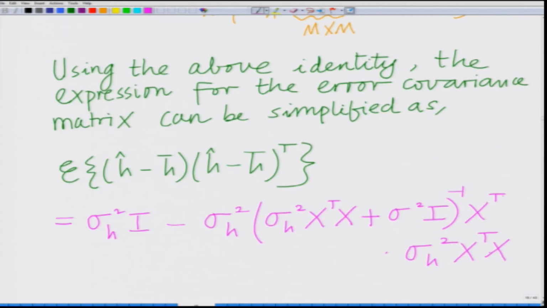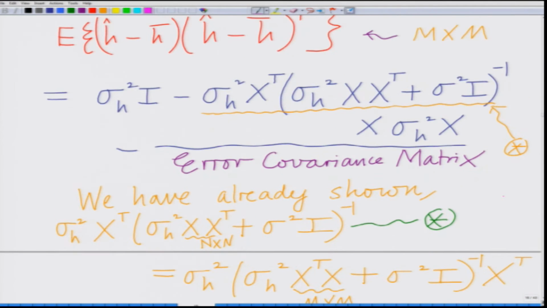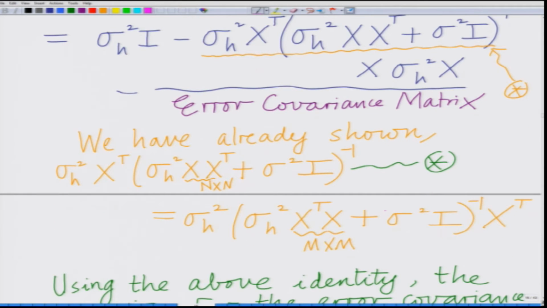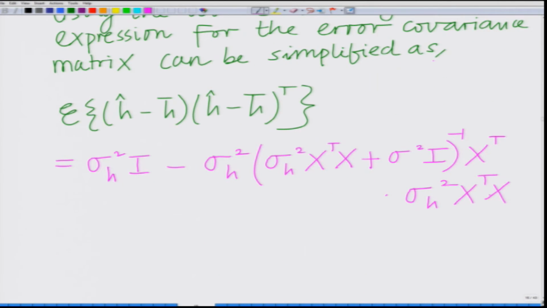So, what we are doing is replacing this inverse by this quantity, and there is another sigma h square outside which will continue to be over here.